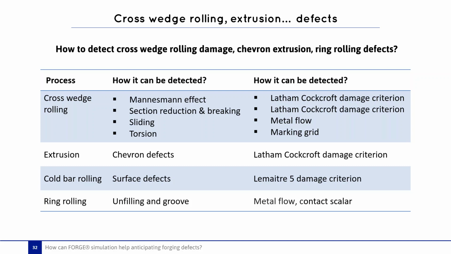This defect can be detected by the Latham-Cockcroft damage criterion. In cold bar rolling, a surface defect may appear. This one can be detected using the Lemaitre damage criterion. In ring rolling, the unfilling and the groove are two defects that can be detected by the metal flow and the contact scalar.